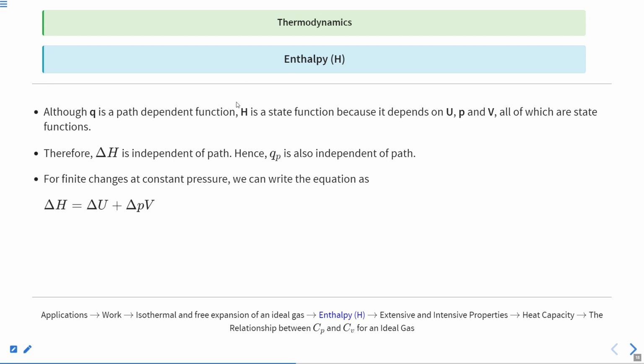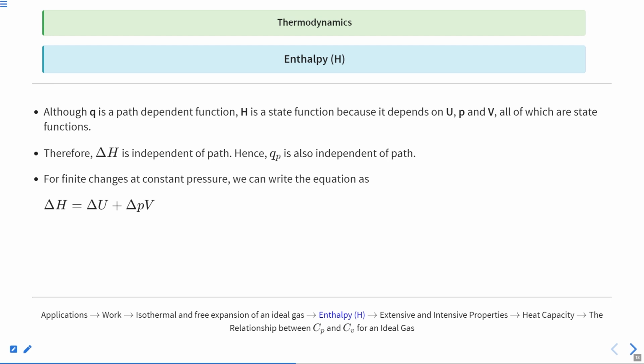But if you take the case of enthalpy or internal energy, these functions are state functions, so the value for these functions will be the same. Clear? If you take either path, you will get the same internal energy. So this is the basic difference between state function and path function.